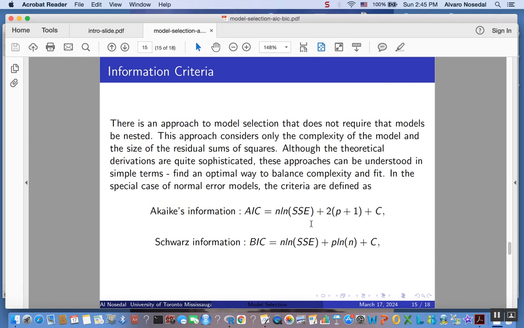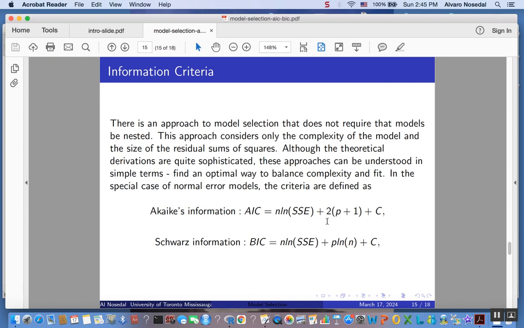As you can see, these criteria take into account how close the predictions from your model are to the actual data. That's measured by the sum of squares for the error. But also, they are going to be penalizing the complexity of your model. So yes, if you have a more complicated model, you're going to be able to fit your data set better.